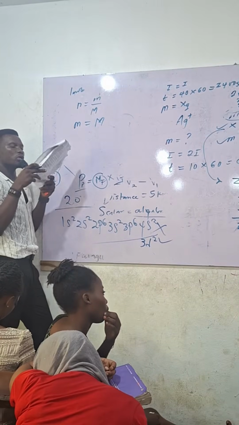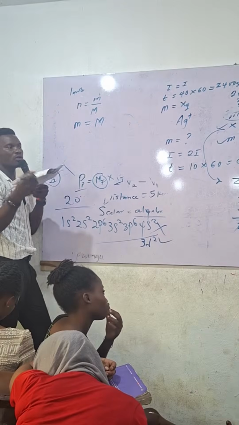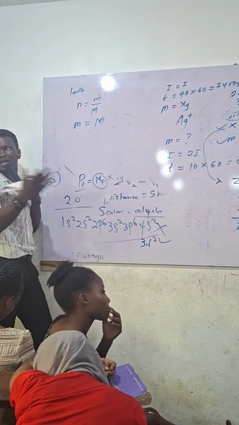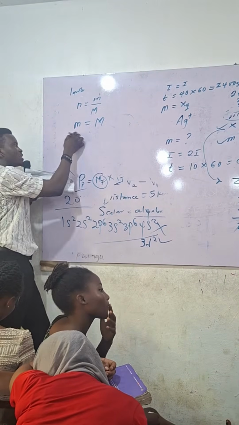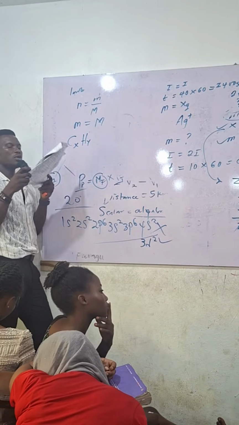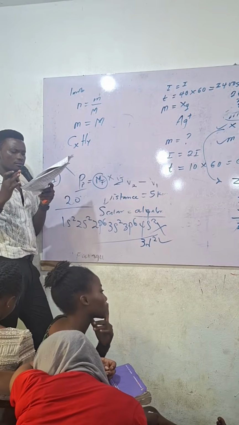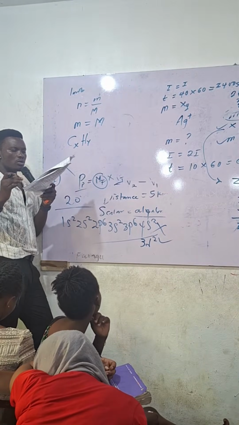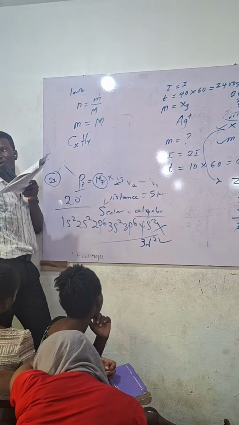So now they said there's a hydrocarbon. Hydrocarbon is made up of what? Carbon and hydrogen, that is CxHy. They now said it contains 6 grams of hydrogen.